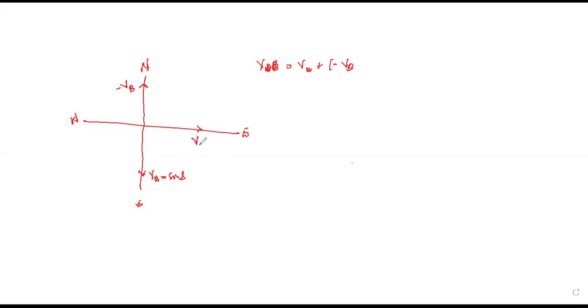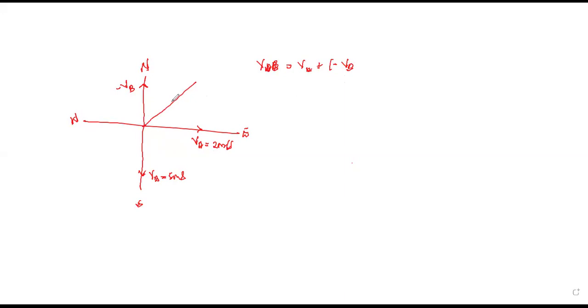So V of A, that is 2 meters per second. So after negating V of B, the relative velocity of A with respect to B will look like the direction of the resultant between VA and negative VB, which will act along the diagonal.